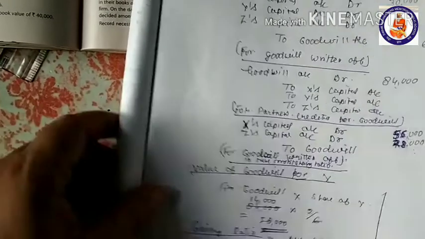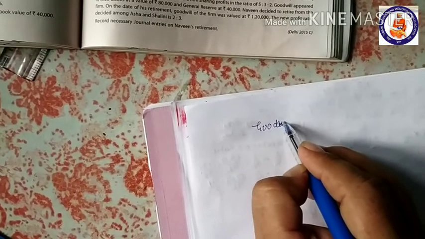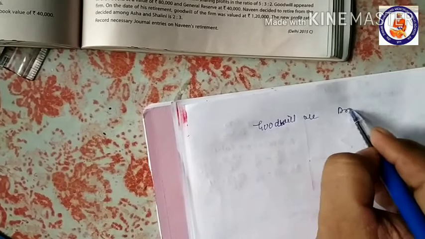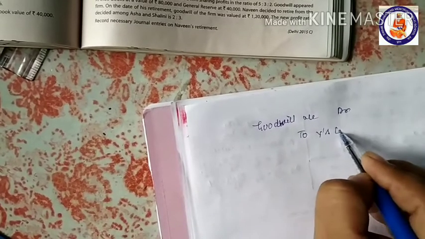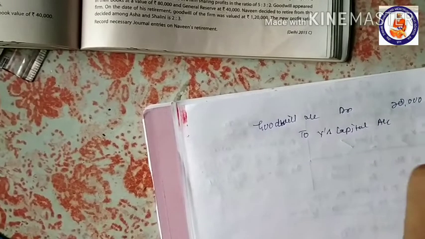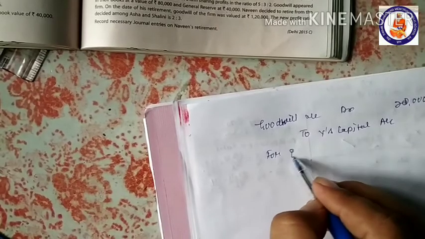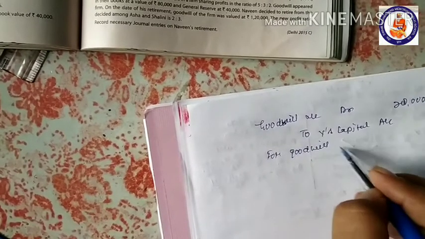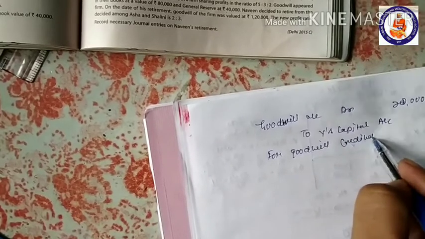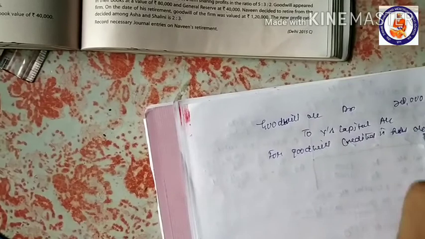So the entry would have been goodwill account debit to Y's capital account 28,000, for goodwill credited in his account. Okay.